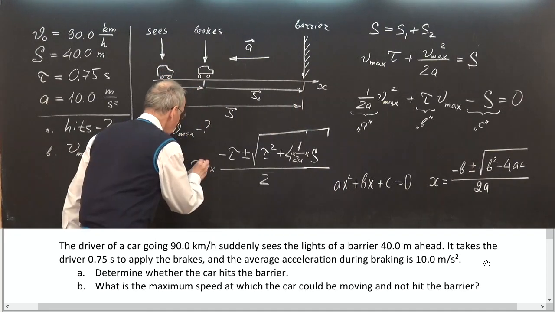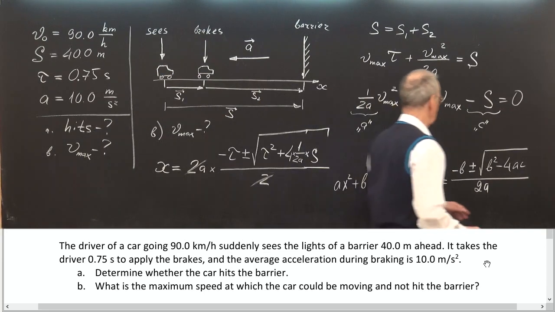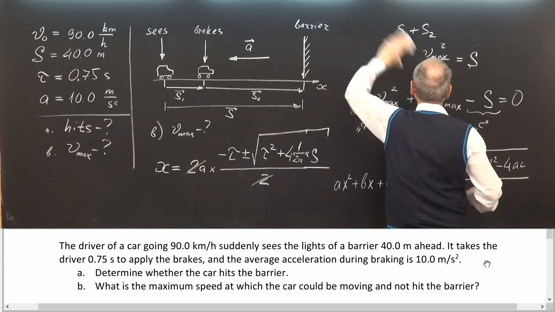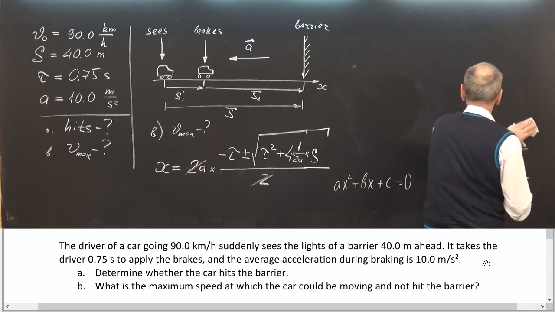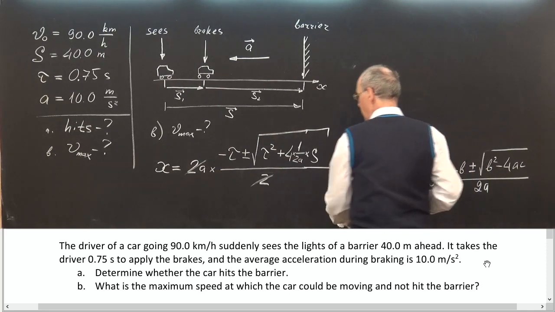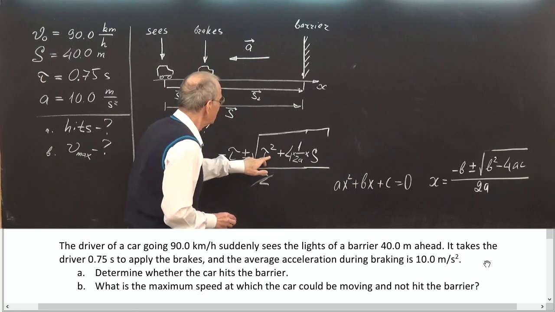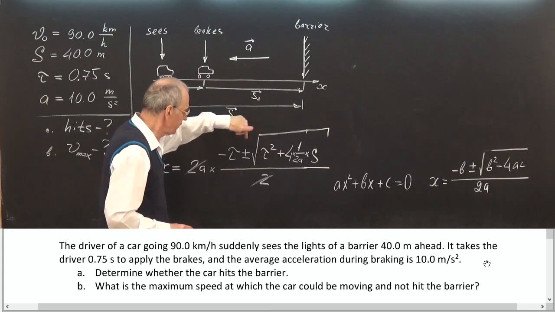Okay, these twos divide out. Now, let's take this tau squared out of the root.